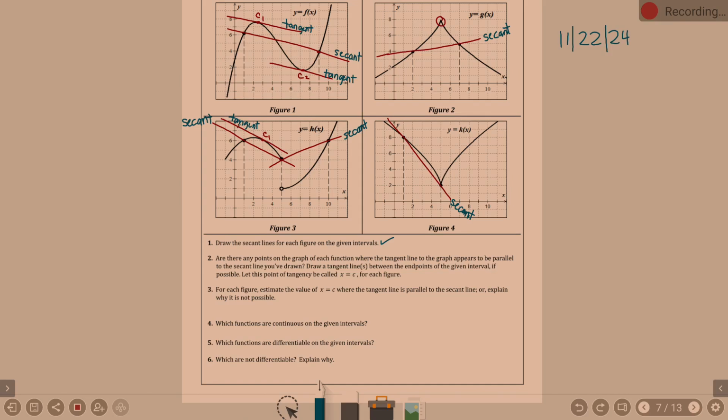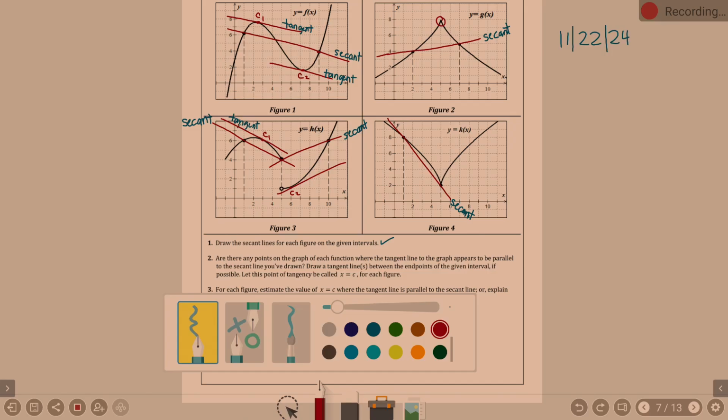Any others on figure 3? Down below. I can visualize it parallel better than I can draw it. Does that make sense? That's not exactly right, but you get the idea there. So I'm going to have a C1 and a C2 again on this one. And that's my other tangent line.